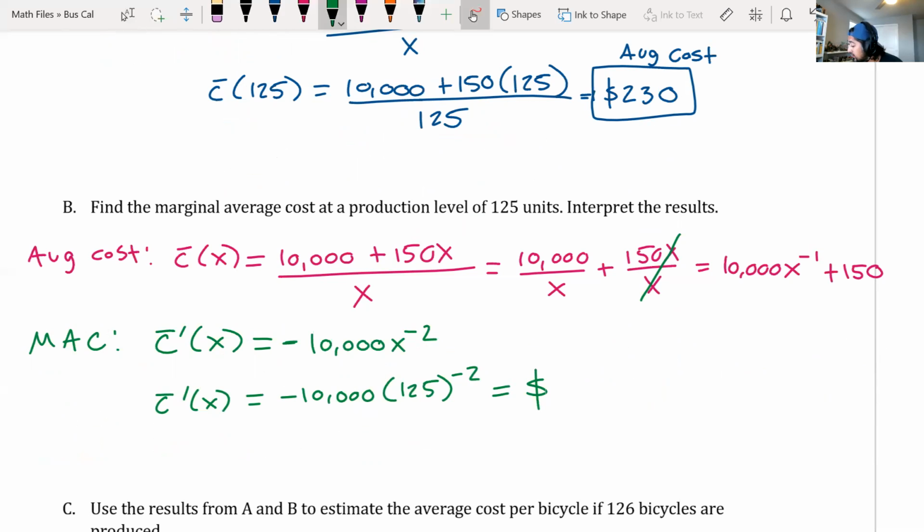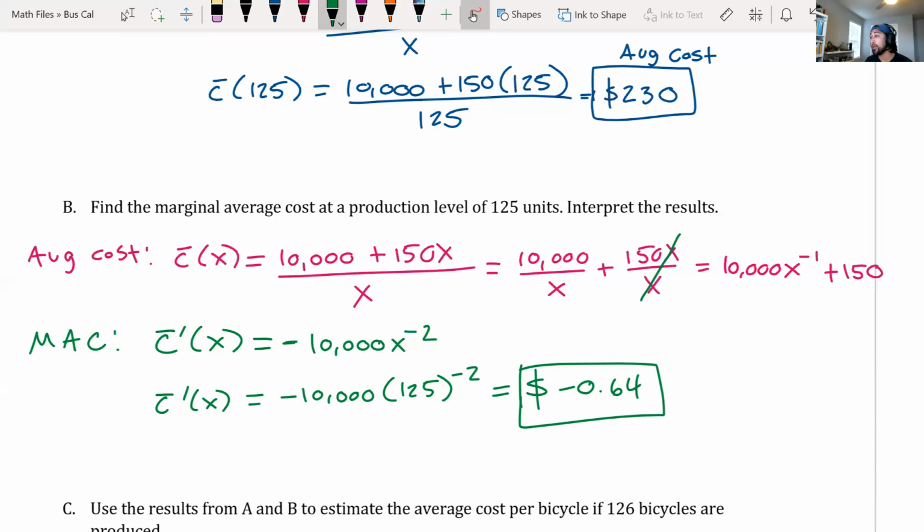Negative 10,000 times 125 raised to the -2 will give me -64 cents.